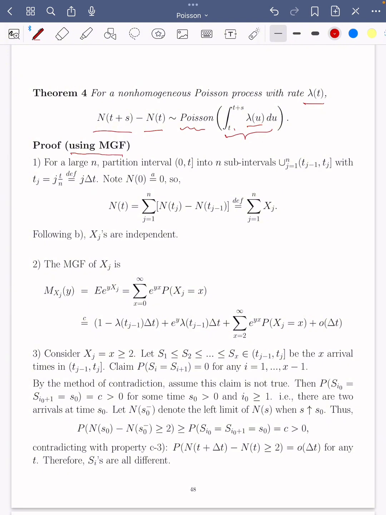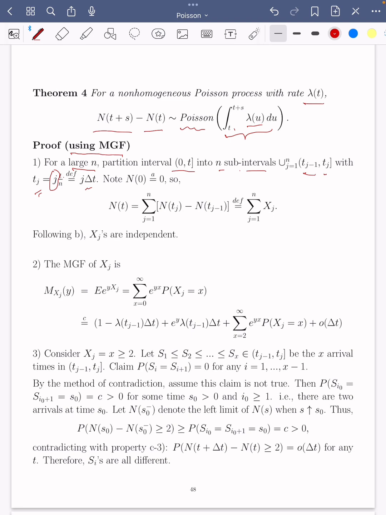For large n, we partition the interval from 0 to t into n subintervals starting from t_{j-1} to t_j, where t_j is defined to be j times t over n. We define this t over n to be delta t.